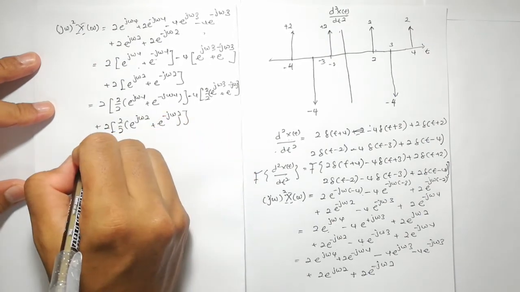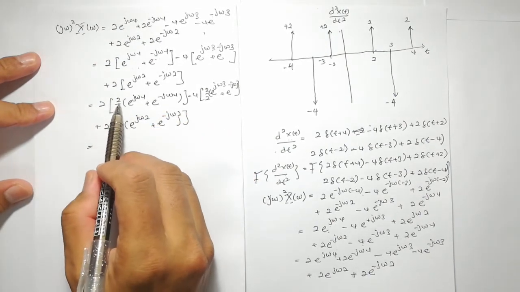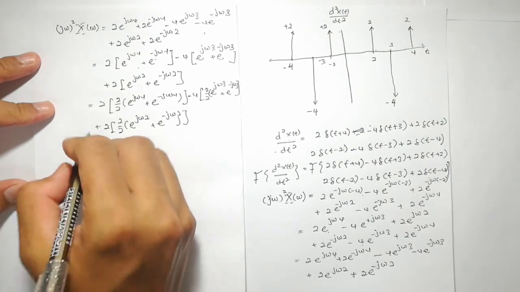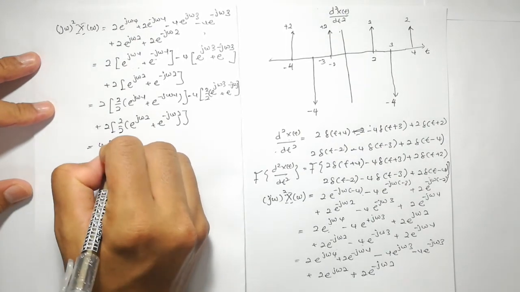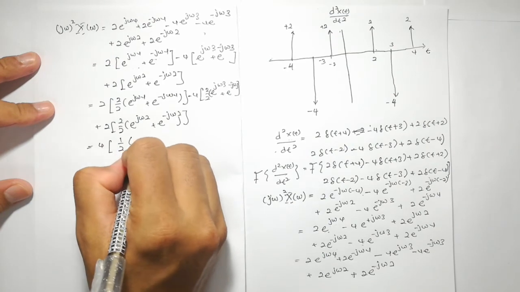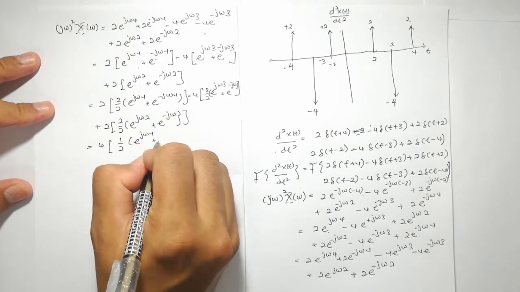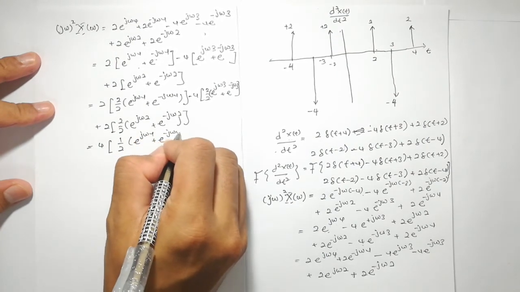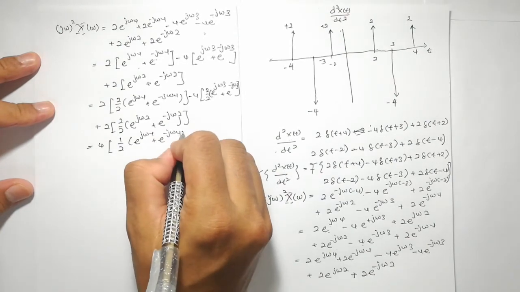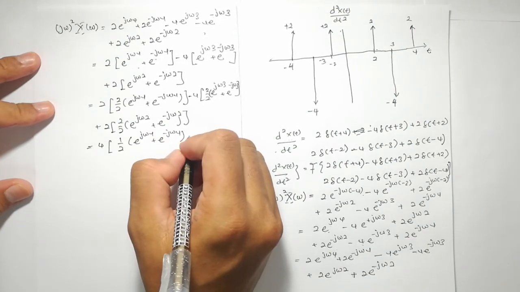Okay, so this will be equal to, 2 will go outside, so you have 4 times half e^{jω4} plus e^{-jω4}.